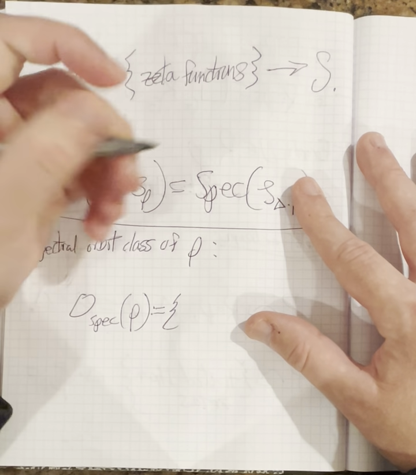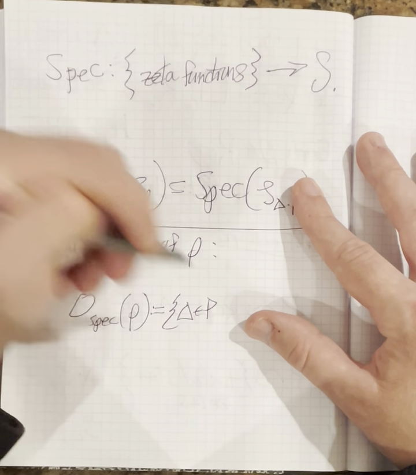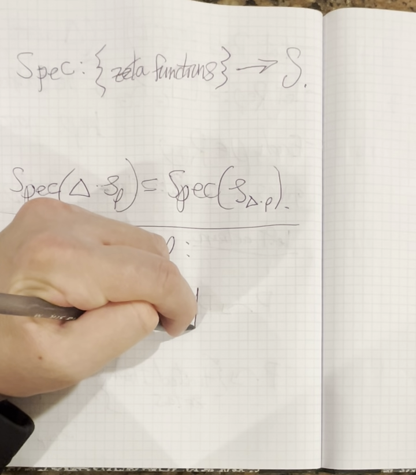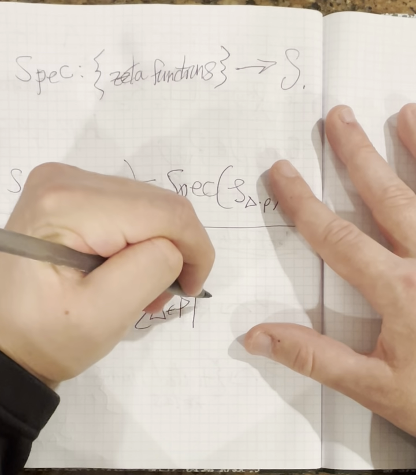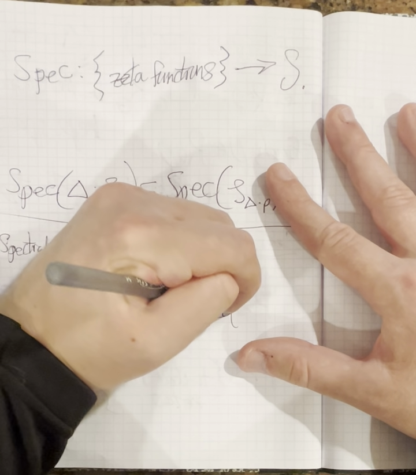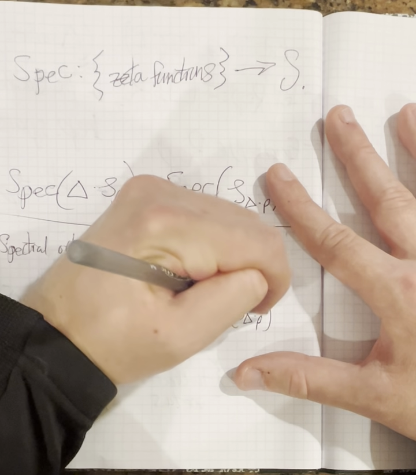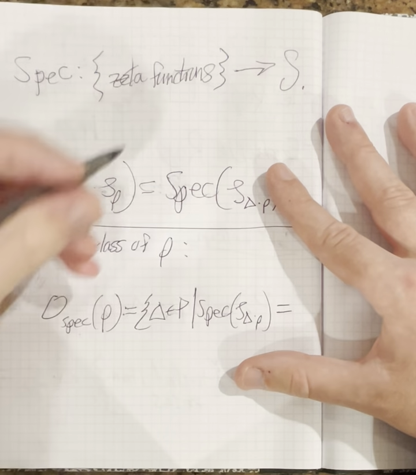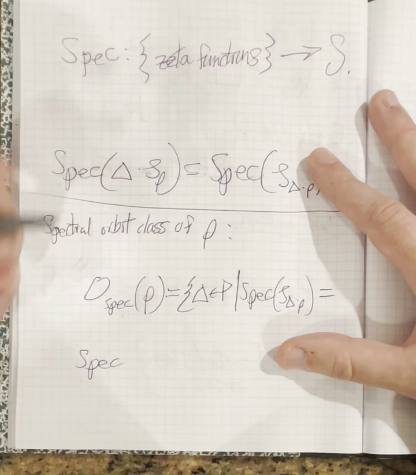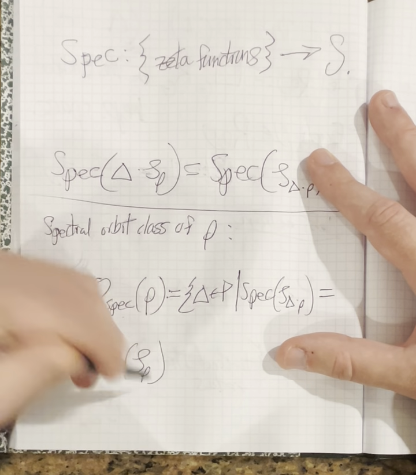We'll take that to be delta in P, in the piecewise isometry group, and then we'll have, given delta, spec zeta of delta dot rho equals, all right, continue down here, spec zeta of rho.